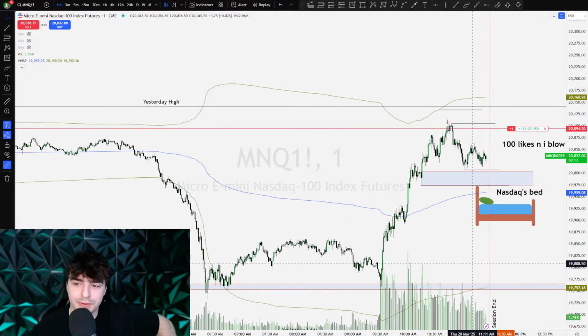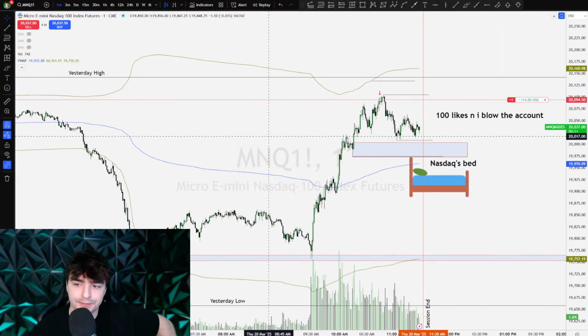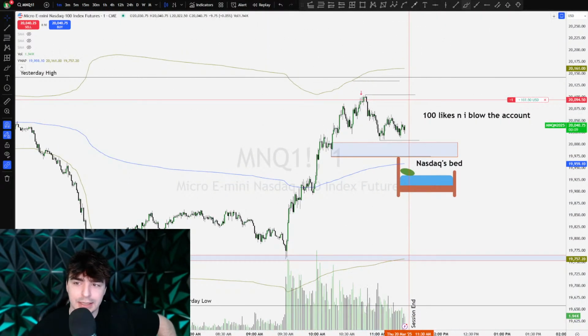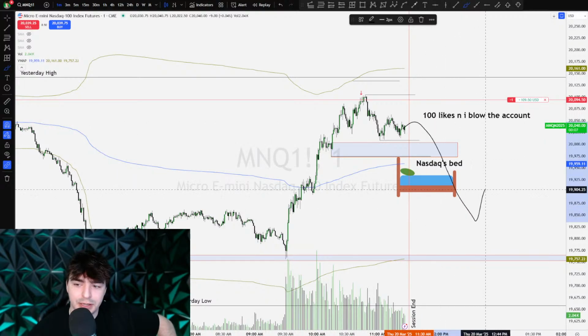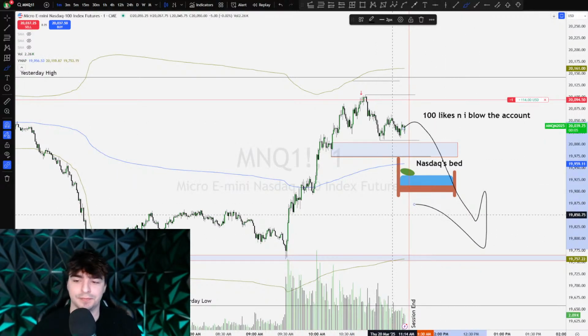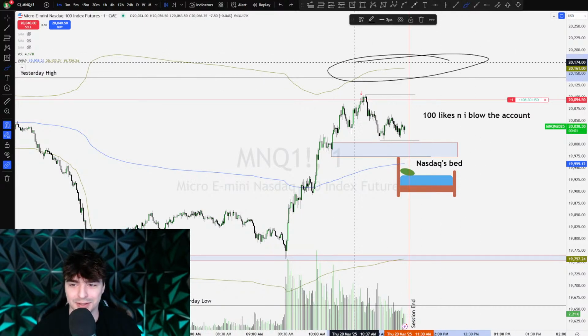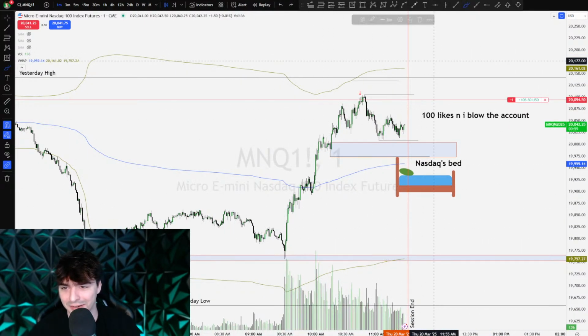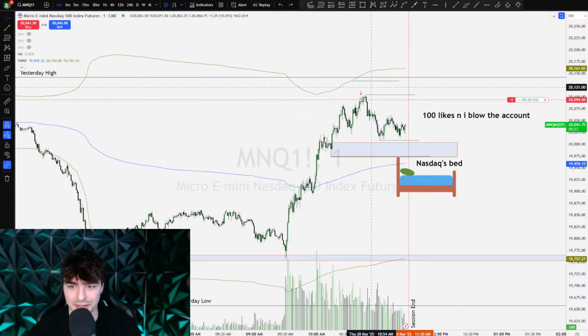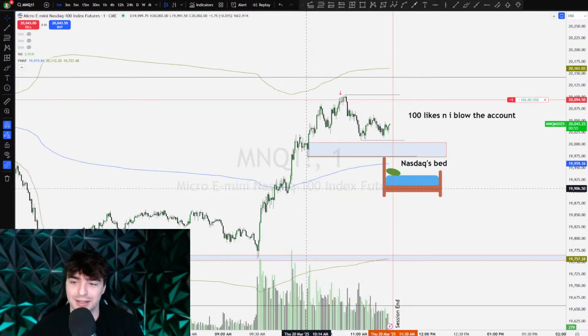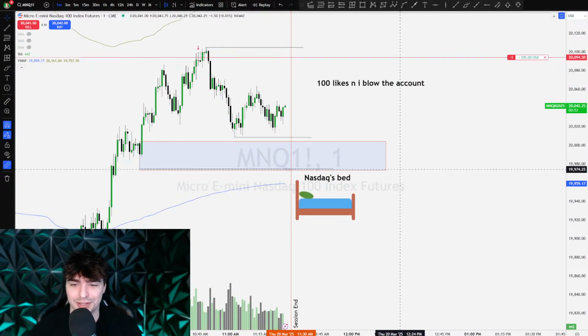Right now, we're just moving sideways. I can picture a nice big reversal, but I can also picture another giant move higher towards this second standard deviation. It's just a waiting game.